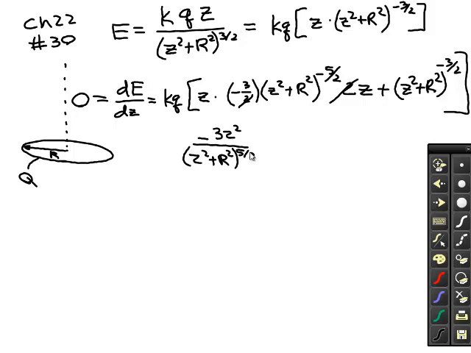Plus, we've got 1 over Z squared plus R squared to the 3 halves. We're going to set the whole nasty thing equal to 0. Now, will that change my answer if I multiply this by KQ?